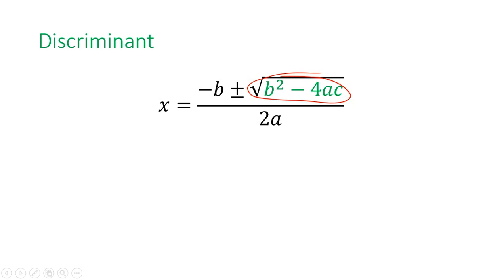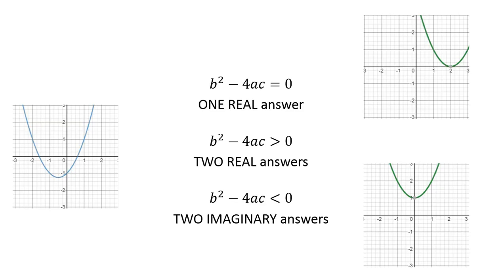That is the only part that's called the discriminant, and it tells us a few things about our parabola. It does not include the square root. If you do the calculation underneath and you get 16, your discriminant is 16, not 4. The discriminant is the number before you take the square root.